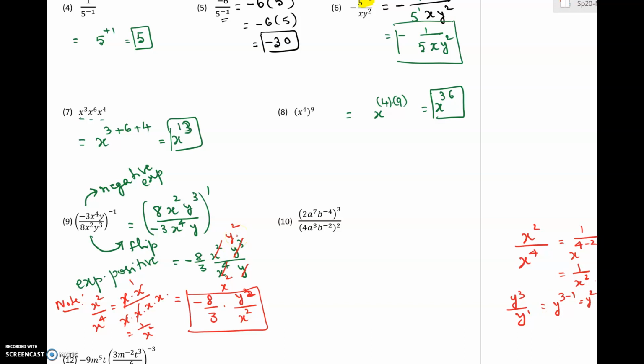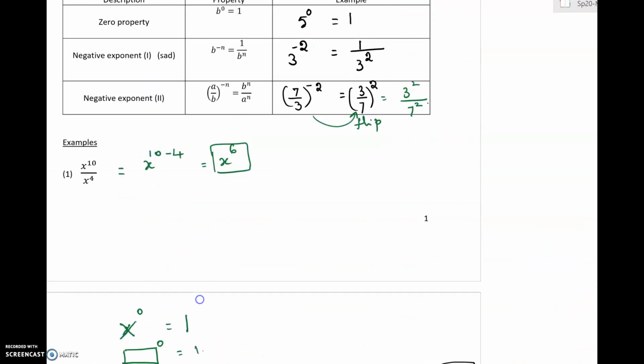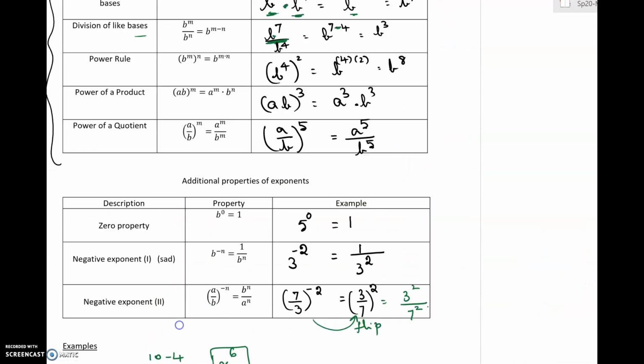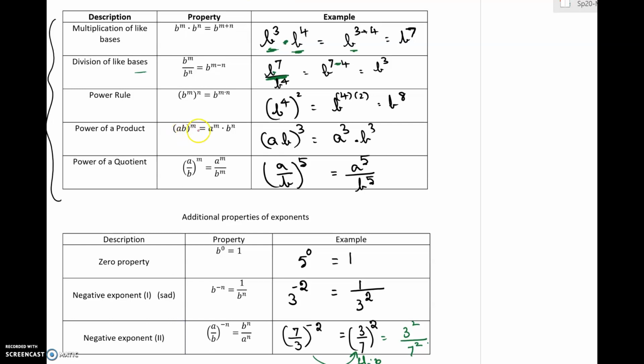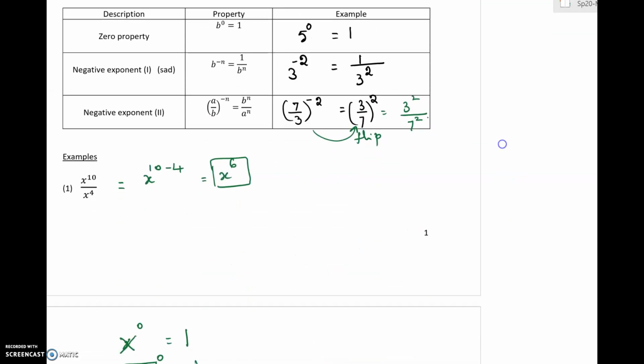Problem number 10. It's something to the cube over something to the square. So if you extend the rule that we have, that a times b to the power m is a to the power m times b to the power m, and if we have a quotient to the power m, it is numerator to the power m over denominator to the power m.